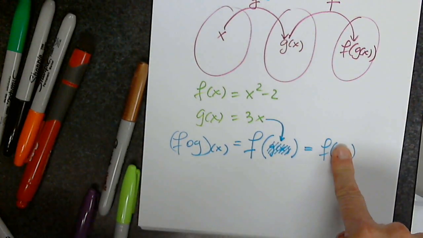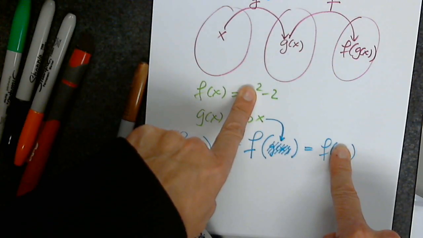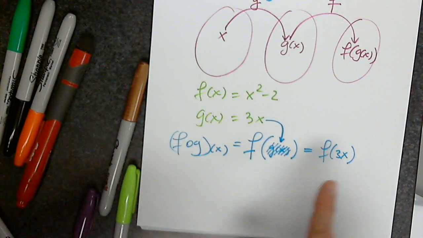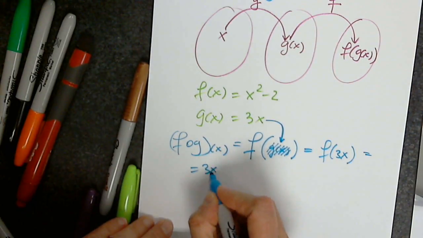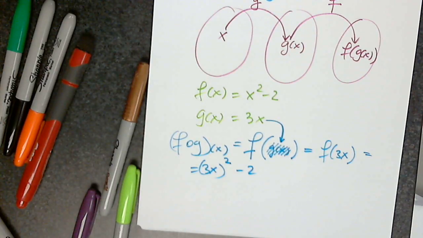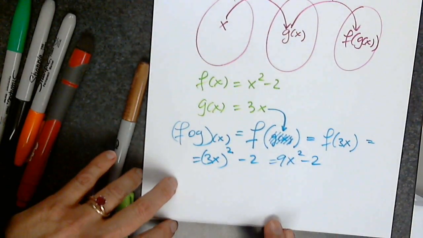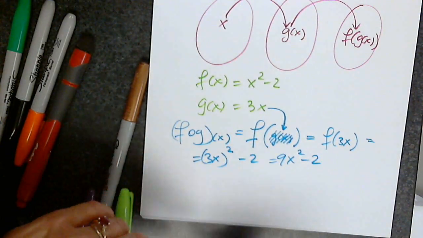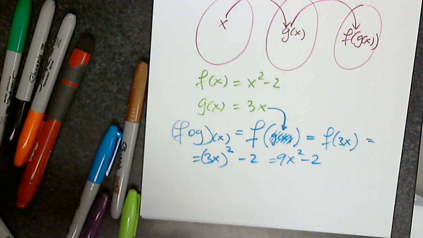So f of whatever will be whatever squared minus 2. This is my whatever now. So this is my new x value. So this will be 3x squared minus 2. And I do have to square 3x, and I get 9x squared. And I'm done. That was the function composition, f comp g.